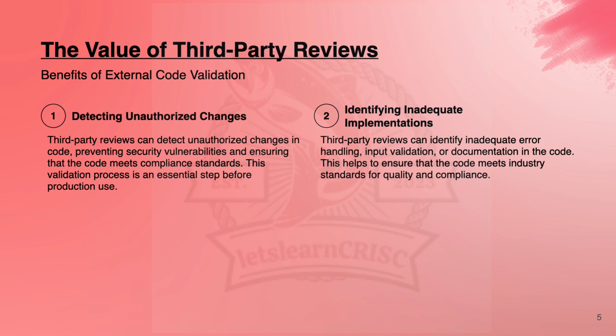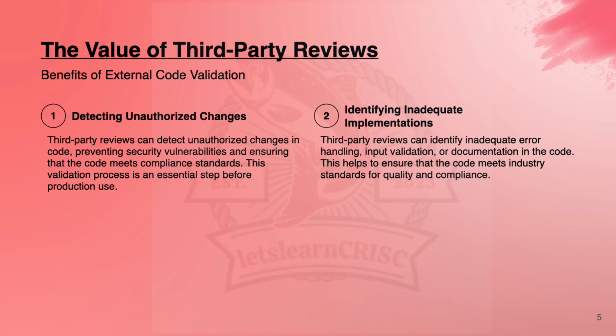As for documentation in the code, documentation is crucial for understanding how the code works, and gaps in the documentation can hinder maintenance, making it challenging for others to work with the code. Next, identifying inadequate implementation helps to ensure the code meets industry standards for quality and compliance.